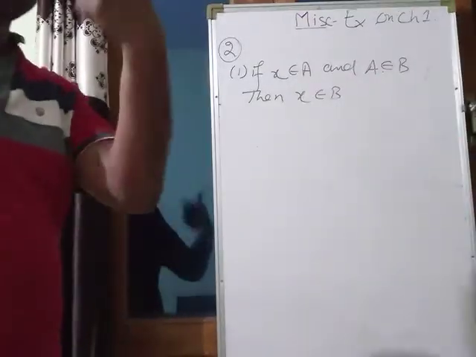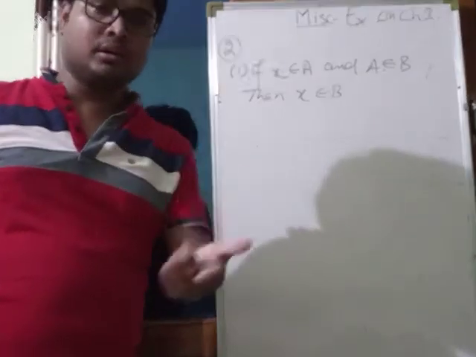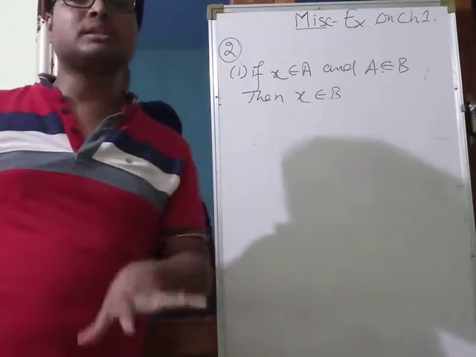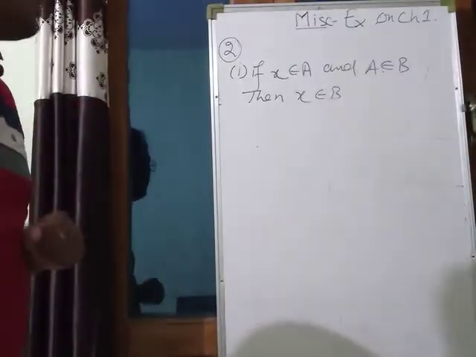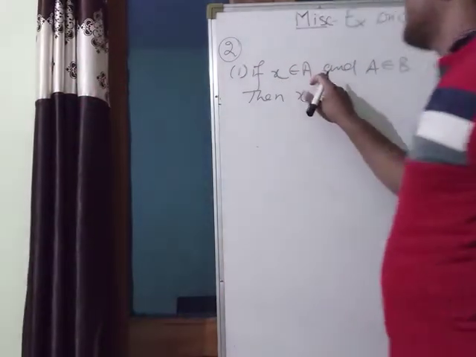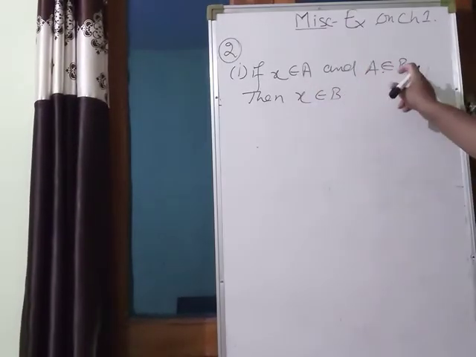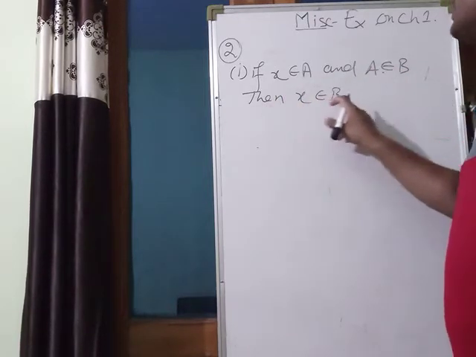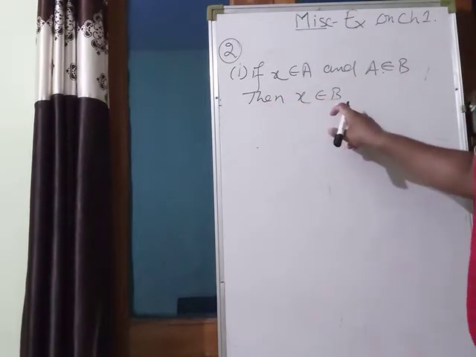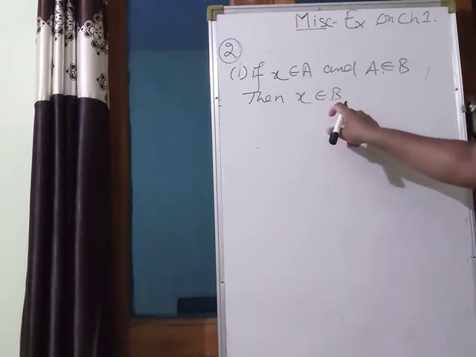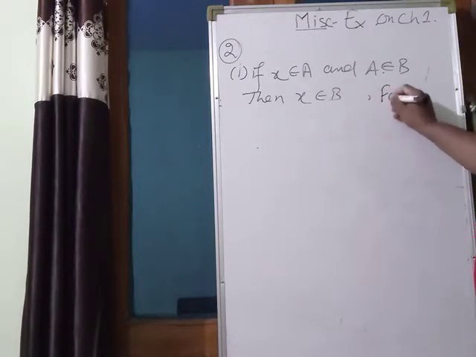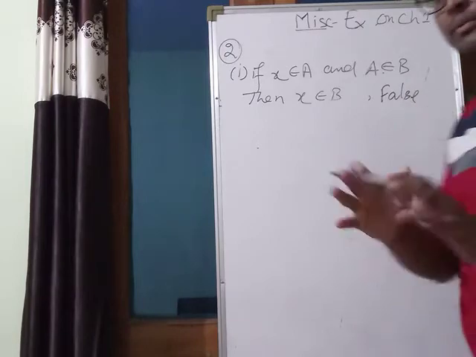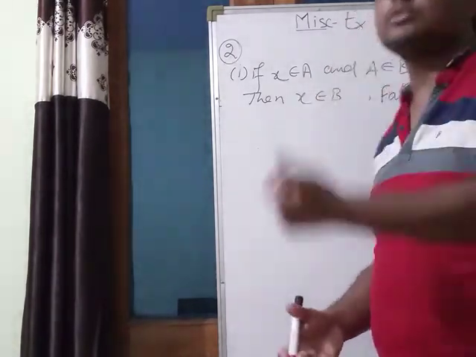If it is true, we have to give a proper proof, and if it is false, we have to give an example. What is given here? If x belongs to A and A belongs to B, then x belongs to B. Actually, it is a false statement. See, this is a false statement, and if it is false, give an example. So I am going to give you an example.